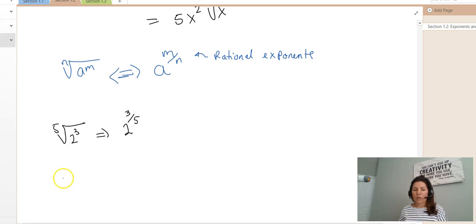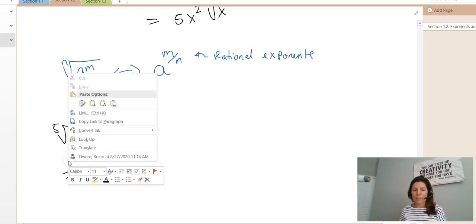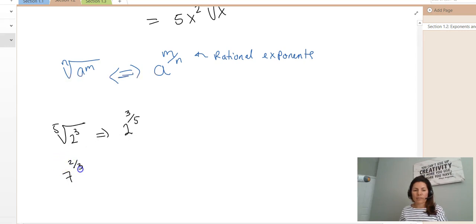Or if I have, let's say, 7 to the 2/3, this will mean I can write it as a radical. And looking at it this way, notice that the denominator is the index of the radical. So this will be a cube root of 7 squared. And then I can simplify this a little more by saying the cube root of 49.